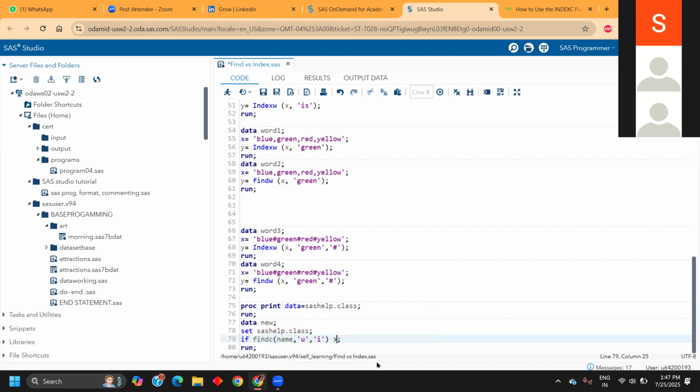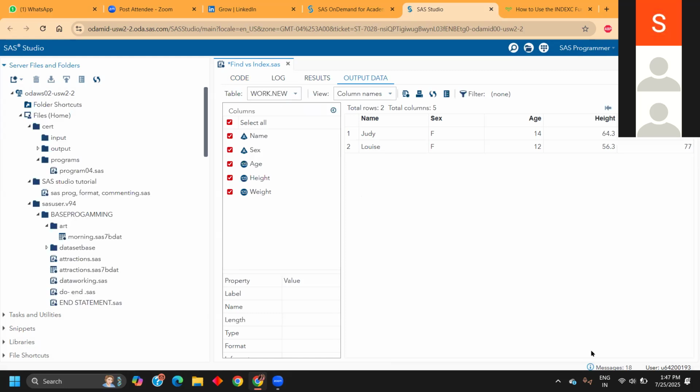This is the other way of writing it. It will also give the same result. It is more straightforward and easier to understand, right?